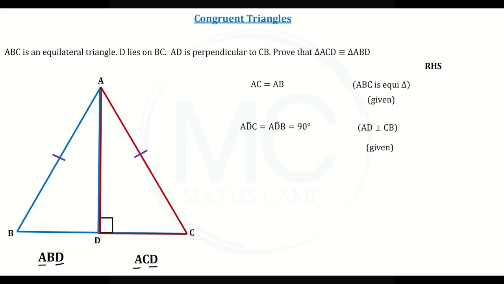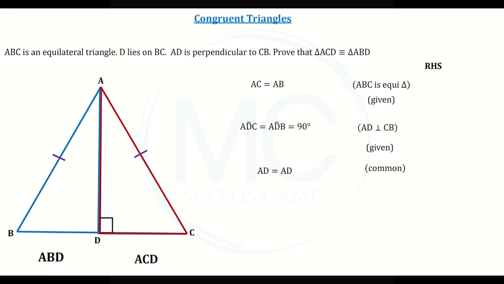We can apply that rule here as well. AD in triangle ABD is the same size as AD in triangle ACD. So we can say that AD is equal to AD. And as our reason, we use common.